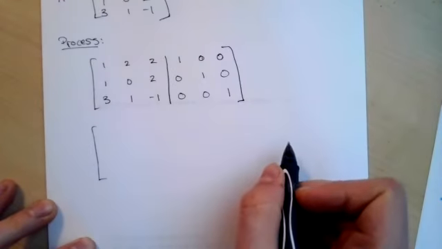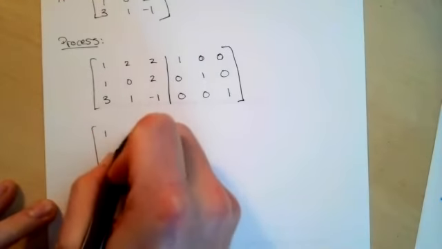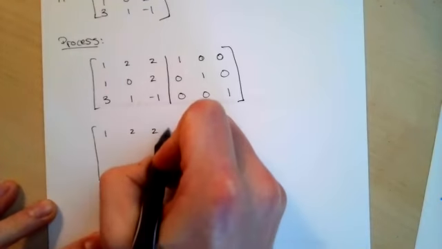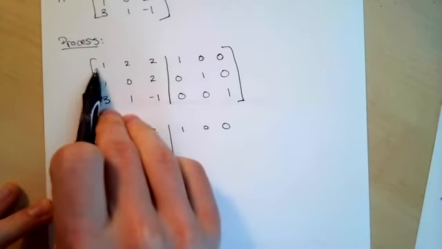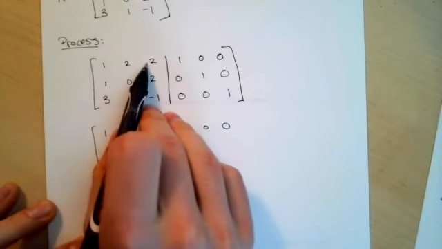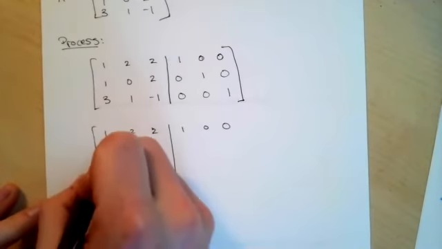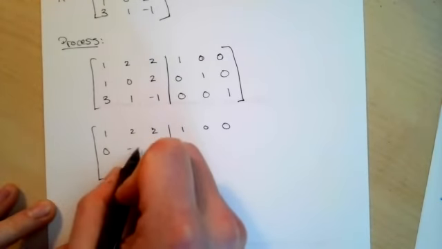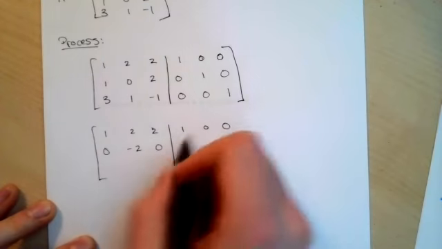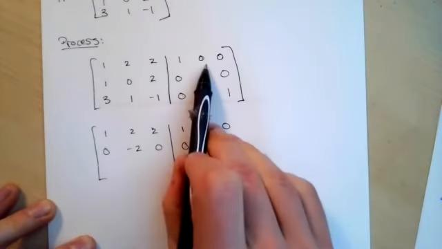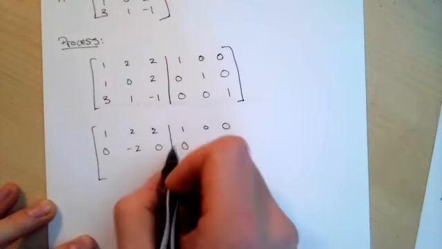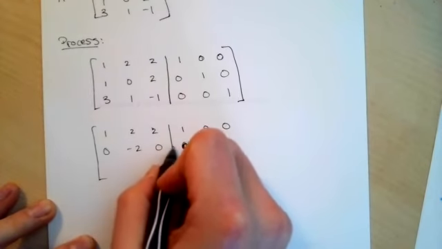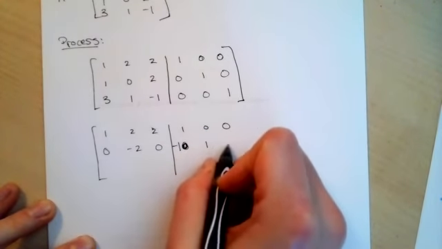Okay, so what's our easiest way to start? We're going to keep our first row the same, since we already have a 1 leading there. Let's multiply the first row by -1, add it to the second. So we'll get a 0 here, -2, a 0. And then here I'm going to have negative times this guy plus this guy, so we've got a -1 here, a 1 here, and a 0.